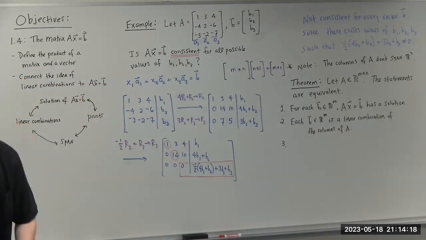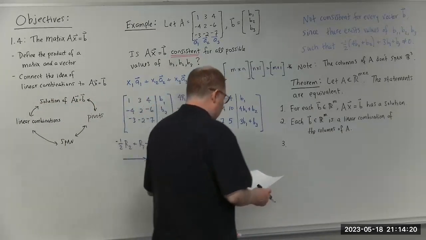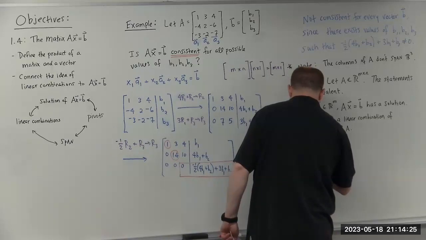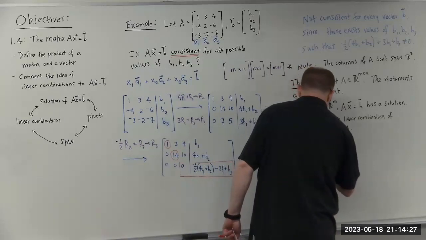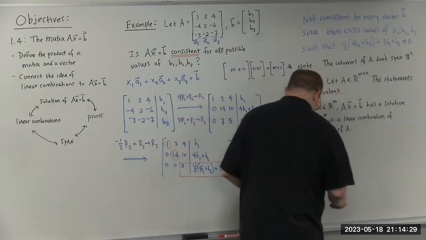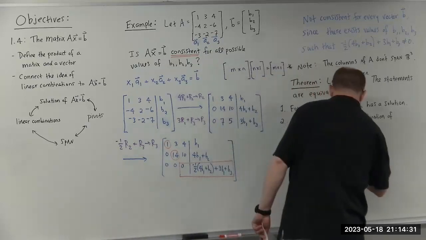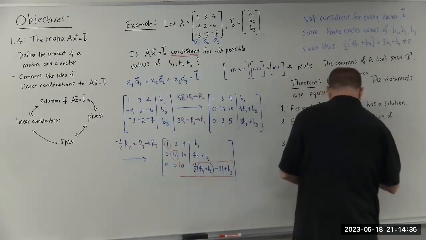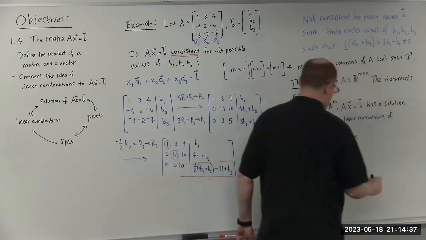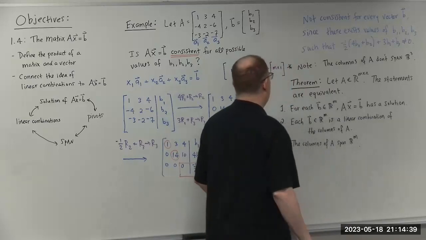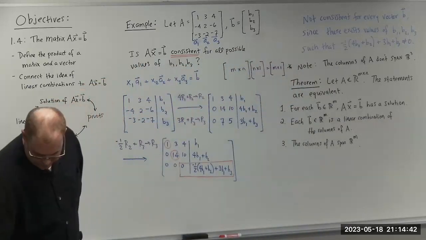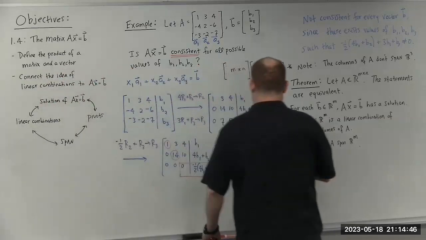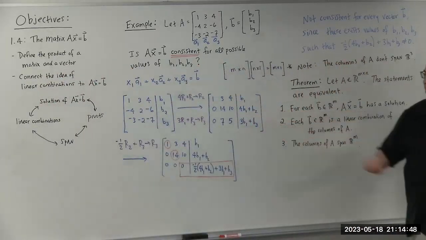Then the third statement says that the columns of the matrix A span R of M. Not M, not N, but M. Columns of A span R of M. Well, that's exactly what we illustrated here.